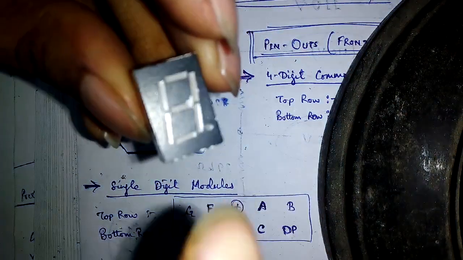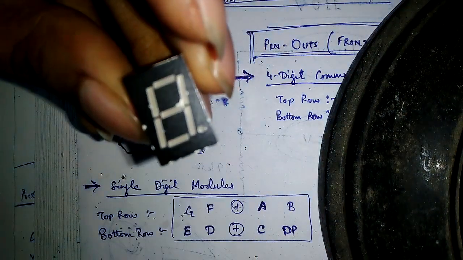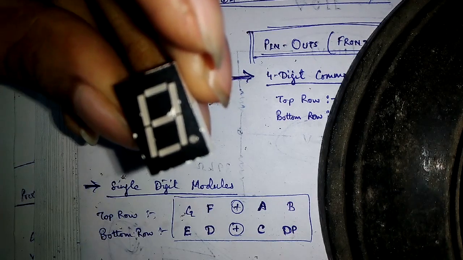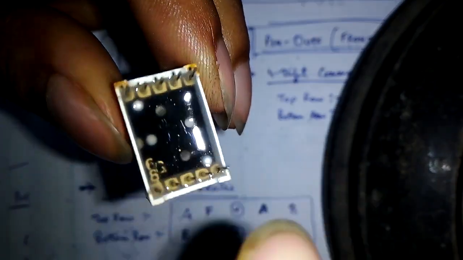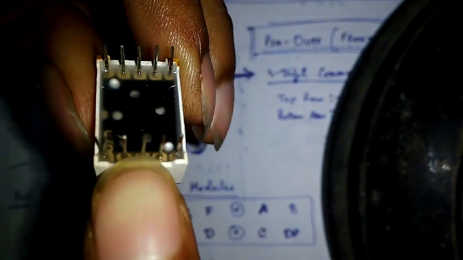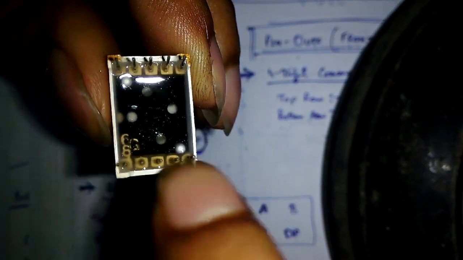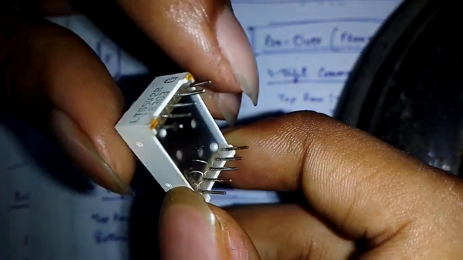So guys, this is a 7-segment LED display. As you can see, this is a single digit 7-segment LED display, and it has a couple of pins here. See, there are 10 pins, 5 on the top, 5 on the bottom, and the pinout is written here.